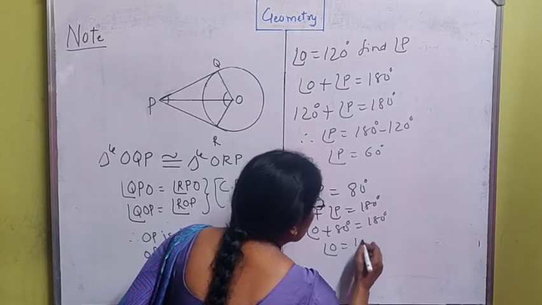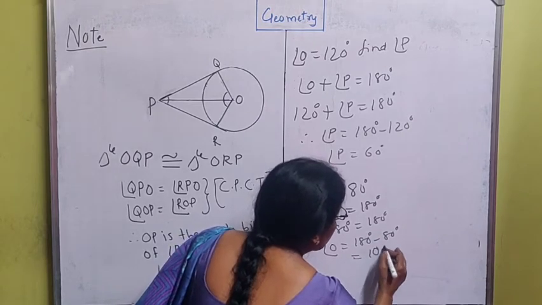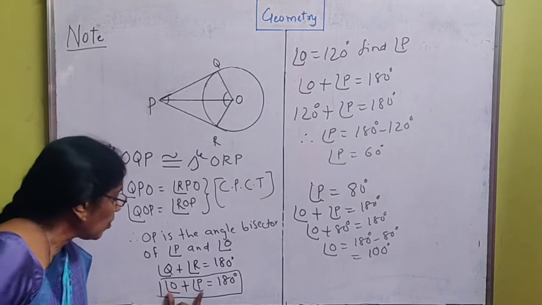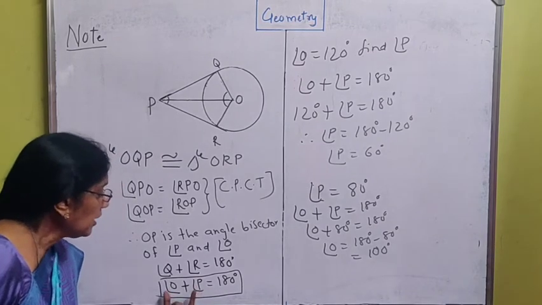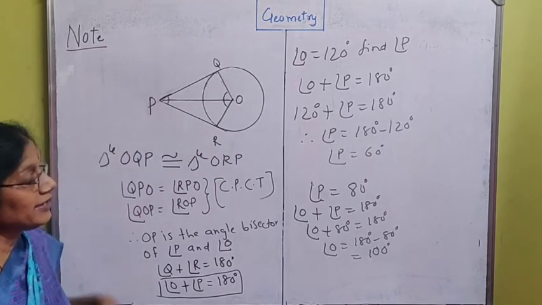Therefore, angle O is equal to 180 degrees minus 80 degrees, which is 100 degrees. So this statement will help you find angle P when angle O is given, and angle O when angle P is given.